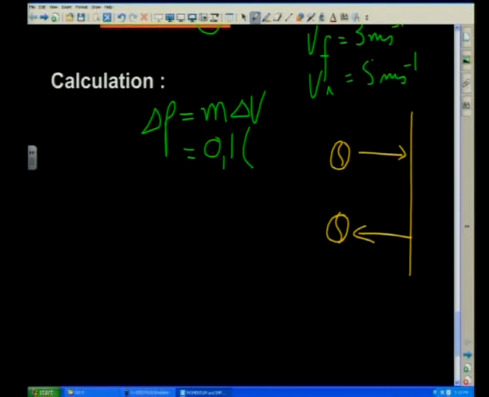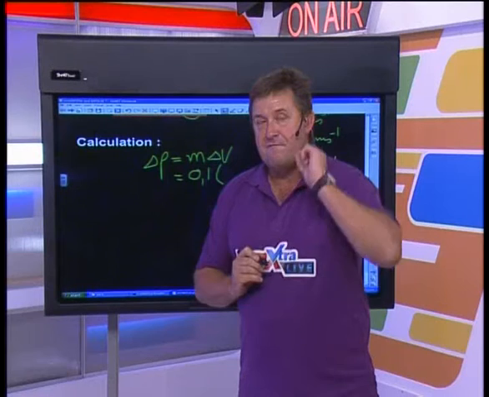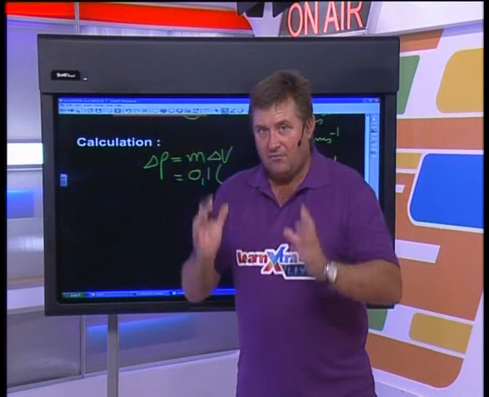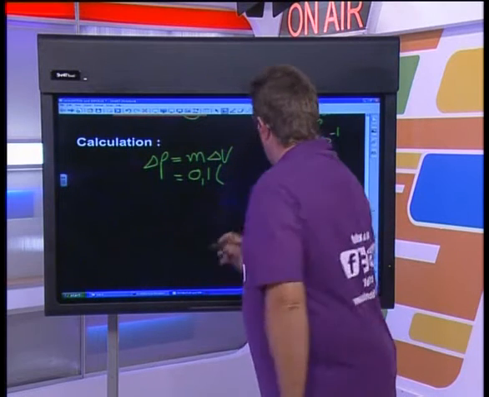And if we've got two different directions, then one direction must be positive and the other negative.